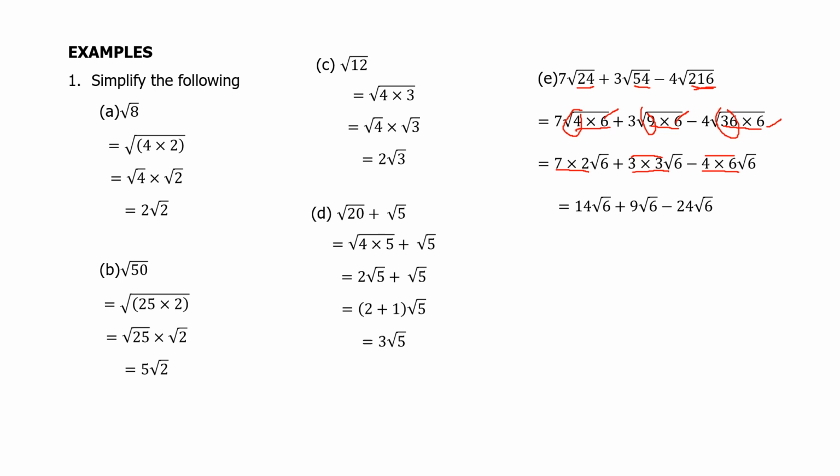And then since the values under the square root are the same, we are going to add the 14 to 9, then minus the 24. Then when we simplify, we are having negative 1 root of 6, which we can rewrite simply as negative root of 6.